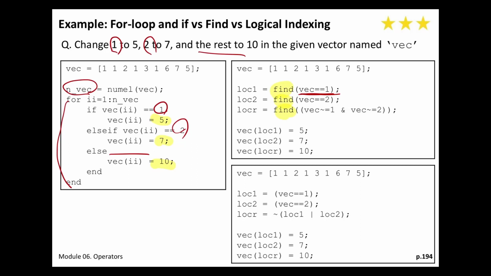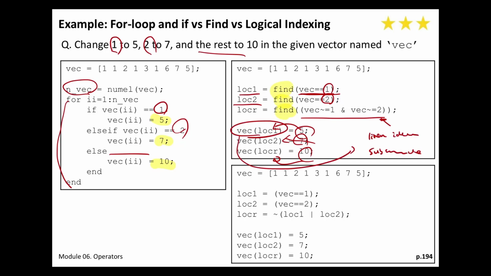So location 1, 2 indicate the locations of 1 and 2. Okay. How to find out the rest of the locations? We can write this condition statement: vector is not 1 and vector is not 2. Okay, can you get this logic? Now we are assigning the new value to here.